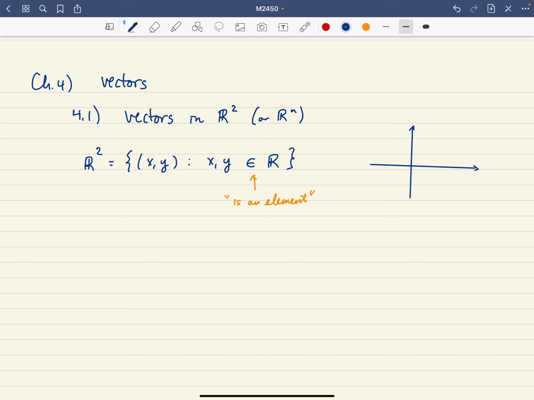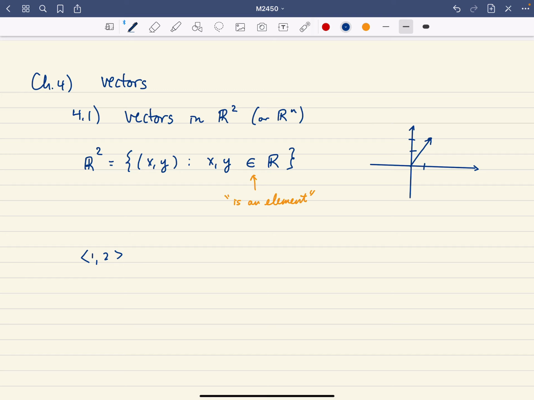Now, one other thing I want to point out, and there's a slight possibility for confusion here. If I have a vector, say 1, 2, this is different than to talk about the point 1, 2. The vector specifically is an object that has a magnitude and a direction.